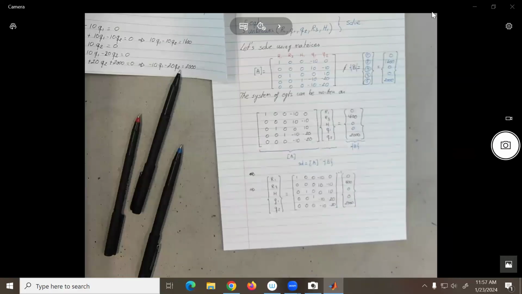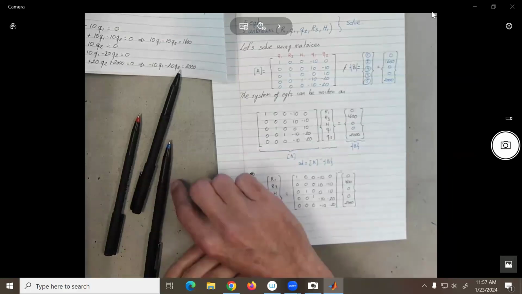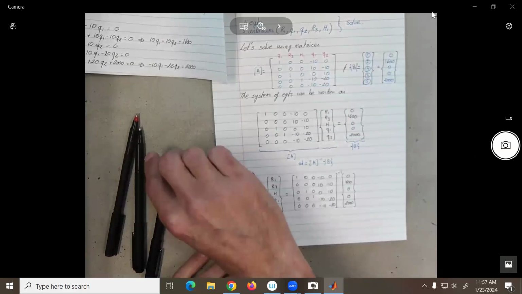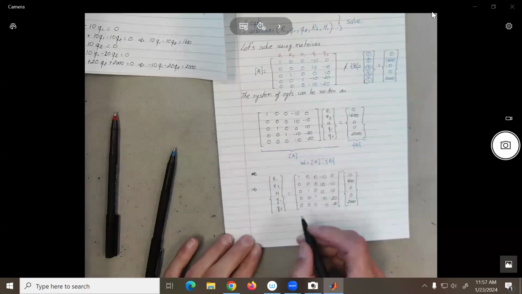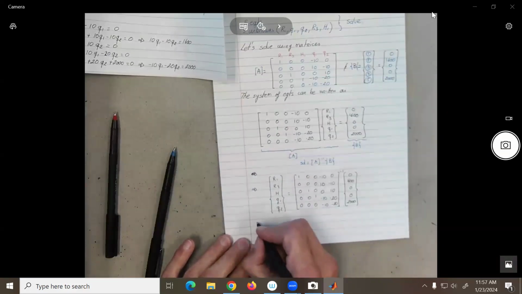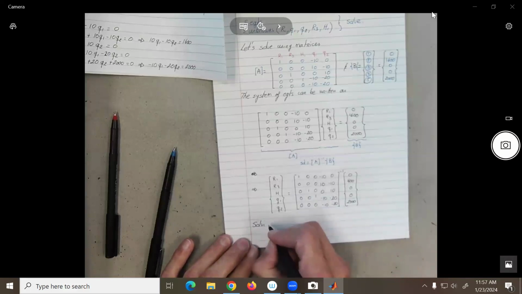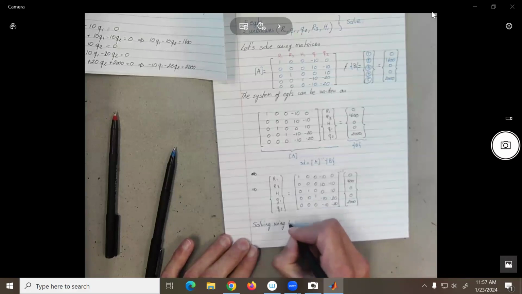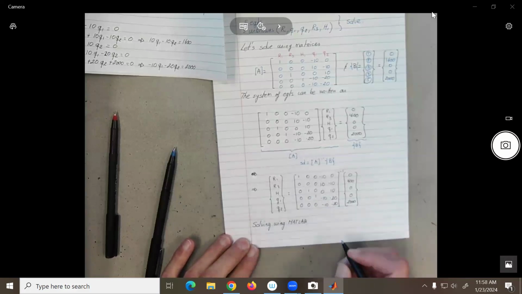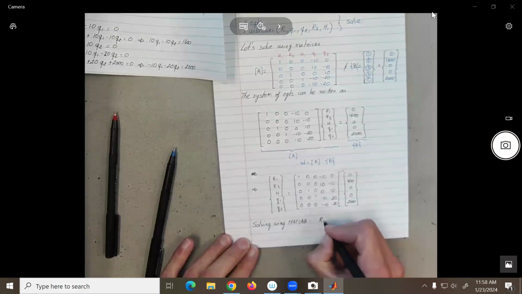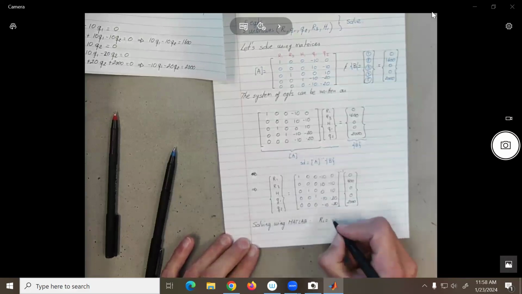All right, but basically, if we do this, what should we get? Let's say solving using MATLAB. What are we going to get? We should get I1 equal to, as before, 400 pounds.